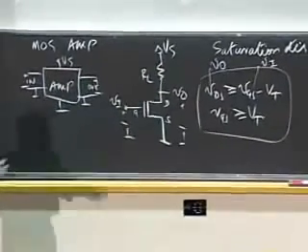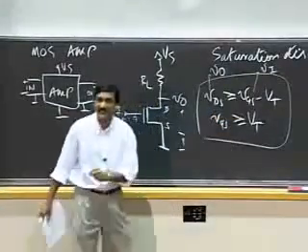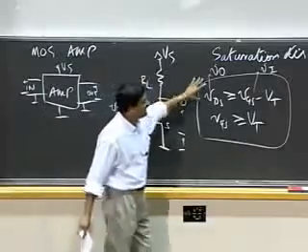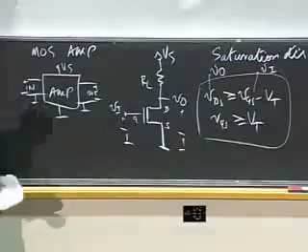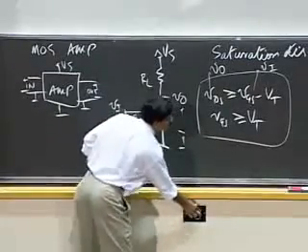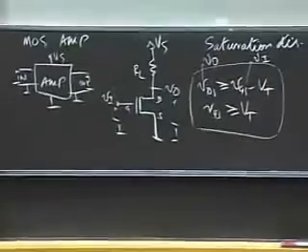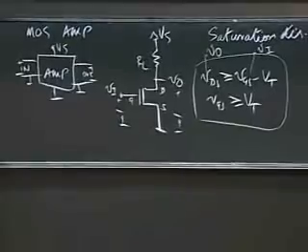If you're dealing with circuits with many MOSFETs, then you will have VDS1s and VGS1s and so on and so forth. But for this simple circuit, V0 and VDS are the same, VI and VGS are the same.